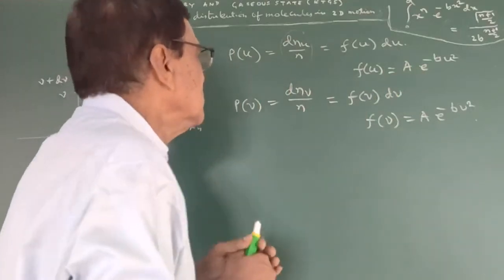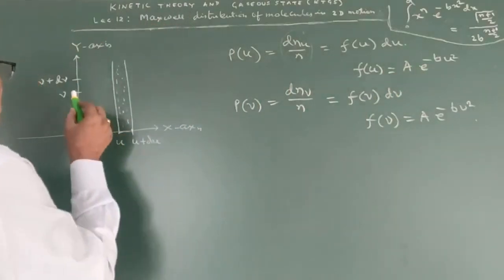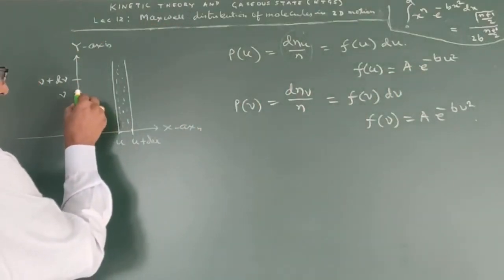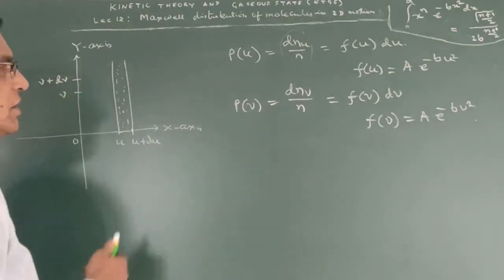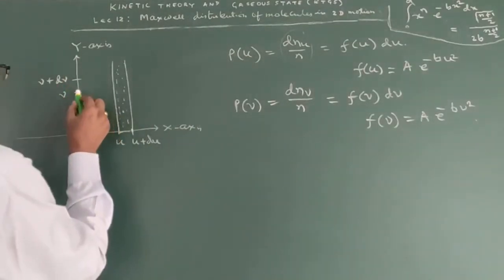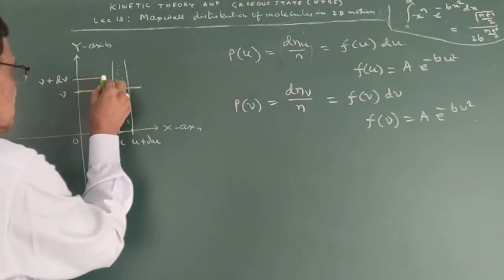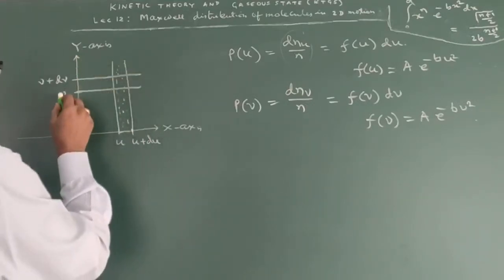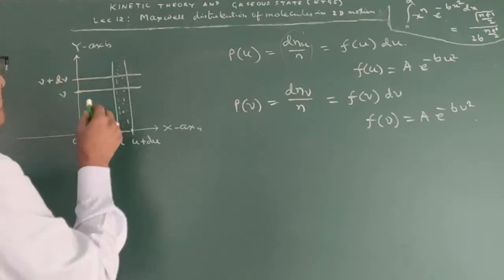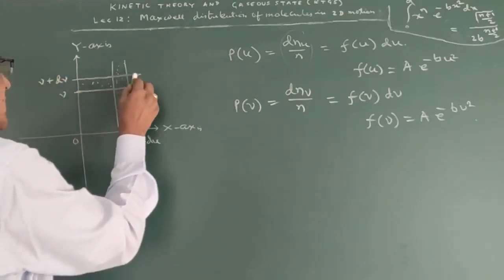So the fraction of molecules found within this area, having the velocity v to v plus dv, will also be found in this way.